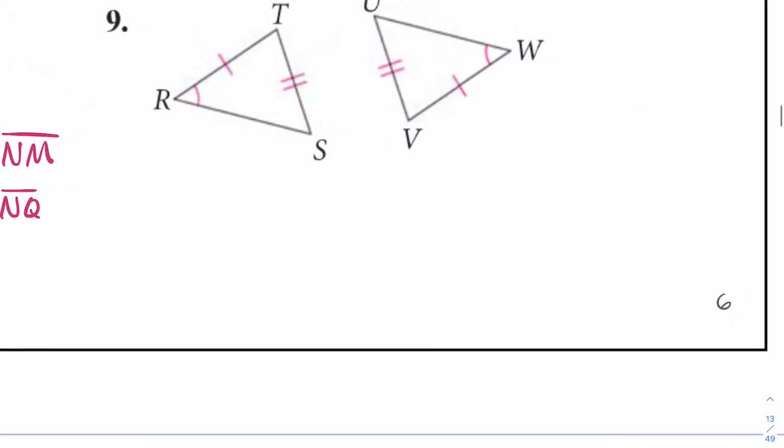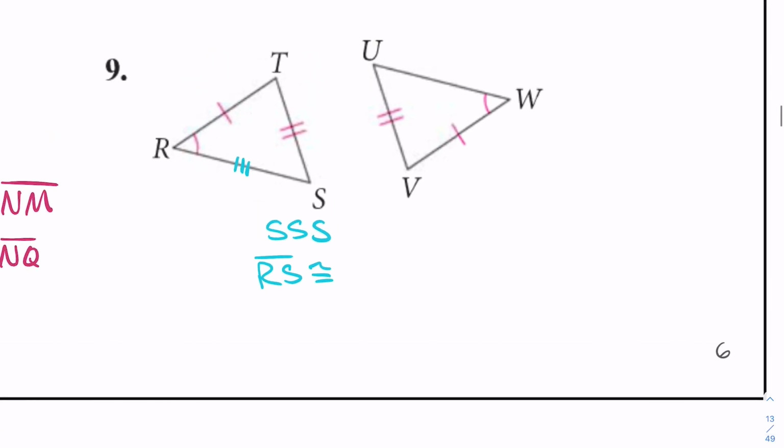For this one, by side, side, side, I would only need to know that RS was congruent to WU. I have to go in the correct order, because I'm going from the 1 tick mark to the 0. I would need to know that, which I don't know.